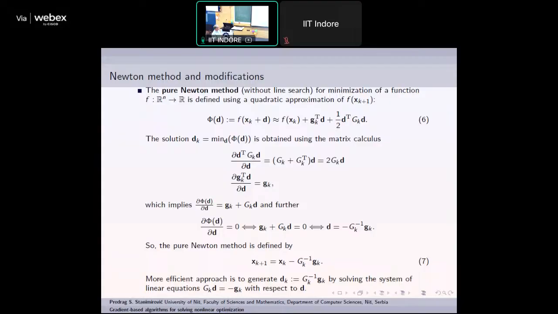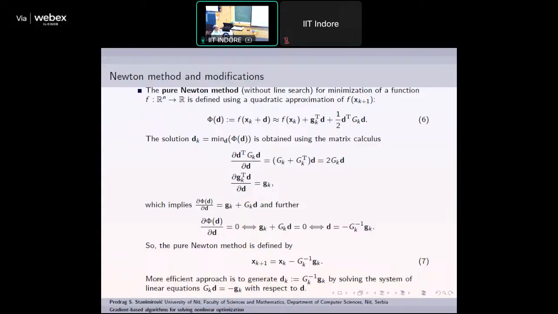Then we use partial derivatives with respect to both terms, and using results from numerical linear algebra, we obtain that the partial derivative of the goal function with respect to D is 0 if and only if this condition is satisfied.